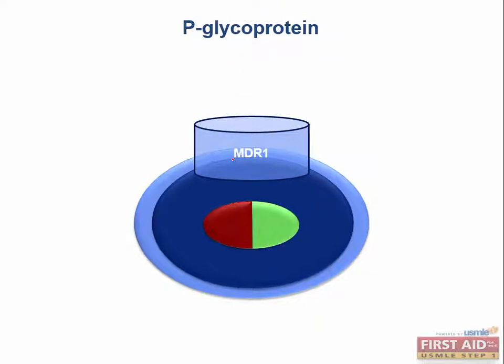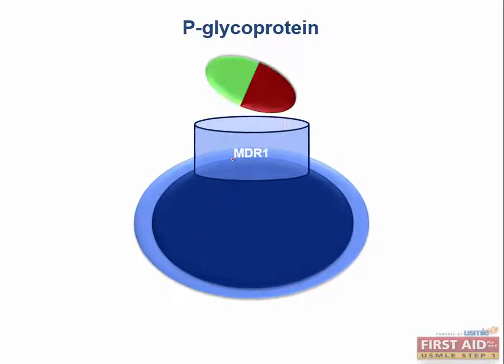Wow, pretty neat, right? Let's see that again. Boom. And that is called MDR1. And it stands for multi-drug resistance protein 1. Okay, now we talked about that brief little tidbit. Let's get into the gritty details of neoplastic progression.